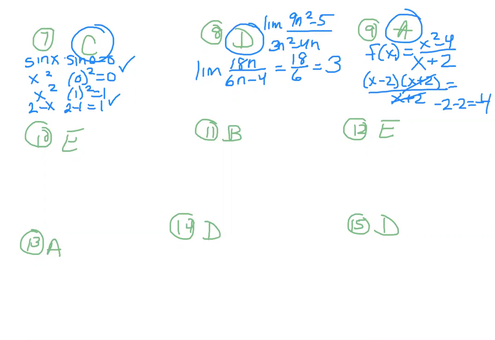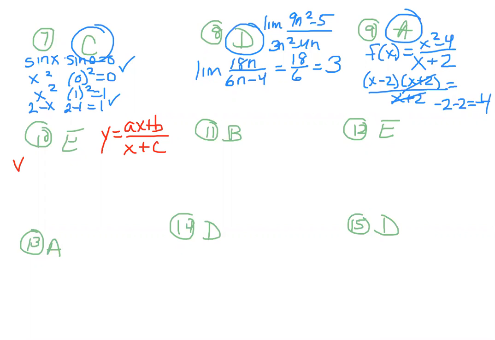Number 10, if the graph of y equals (ax plus b) over (x plus c) has a horizontal asymptote at y equals 2 and a vertical asymptote at x equals -3, then a plus c equals this. Oh, these are fun. So you have to remember what vertical and horizontal asymptotes do.